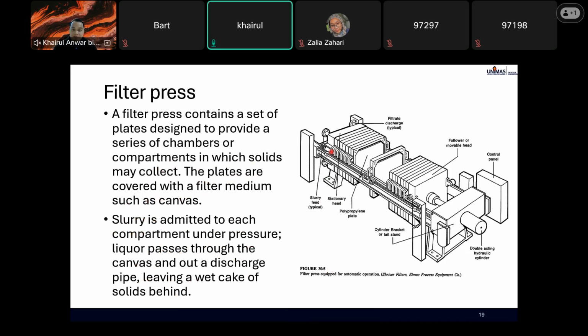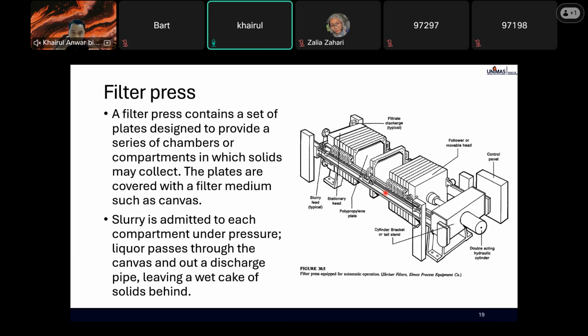So what happens here, you fill in the feed. This type of filter, we call it a membrane filter. The feed goes in, then there's a force to create the pressure difference between the membrane and the incoming feed.